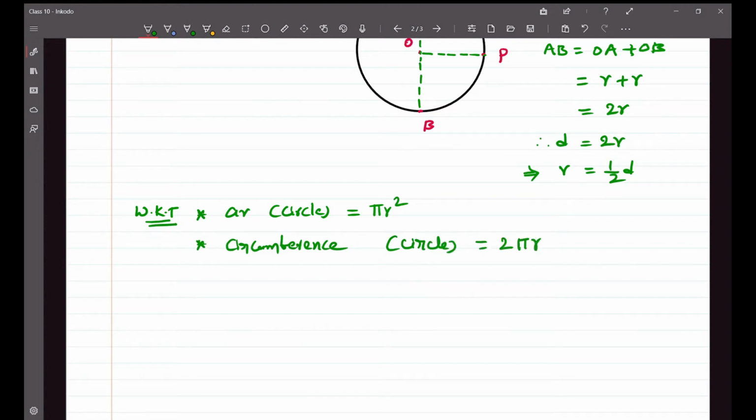I think all of you know what is circumference. Circumference nothing but length of boundary.